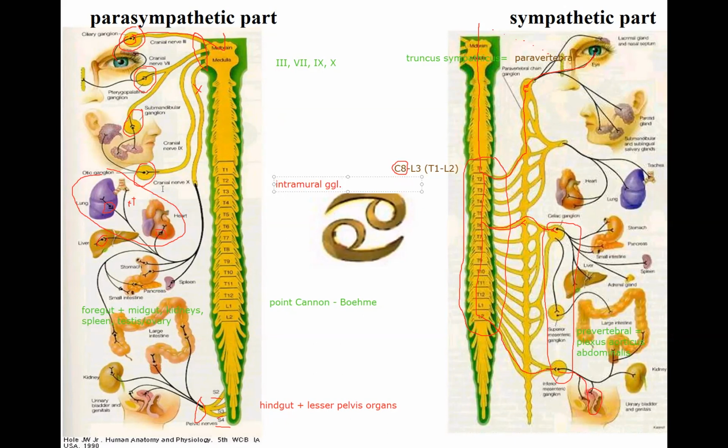That means the parasympathetic ganglia are located in the periphery, very close to the organ, unlike the sympathetic ones, which are located centrally, close to the spinal cord. So, any questions about this general information?